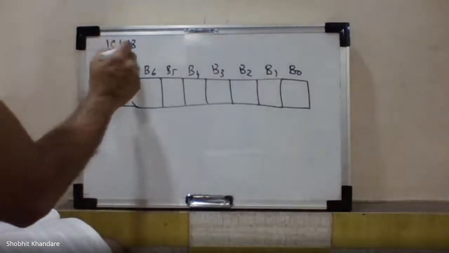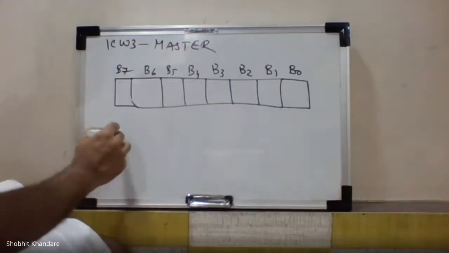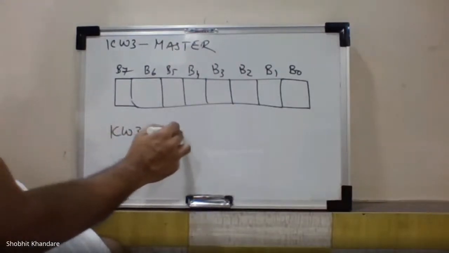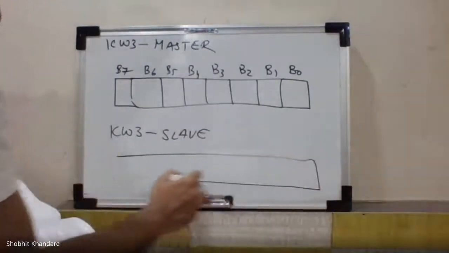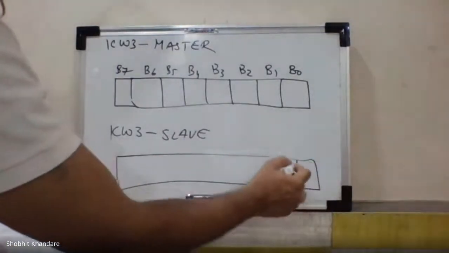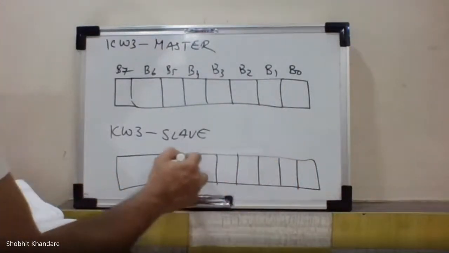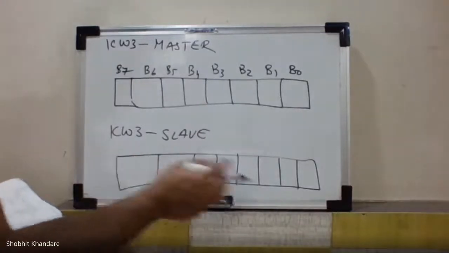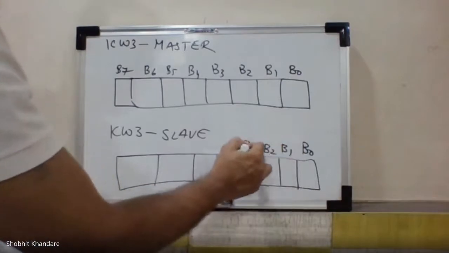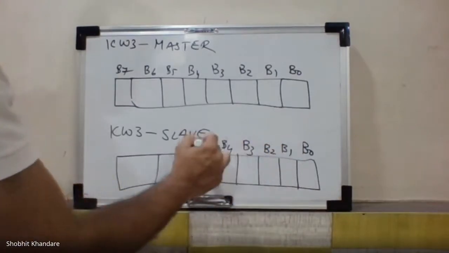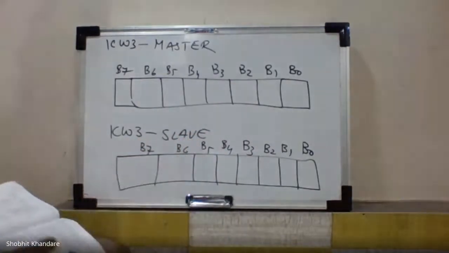Now ICW3 for master and ICW3 for slave. So we have two formats. B0, B1, B2, B3, B4, B5, B6, and B7.